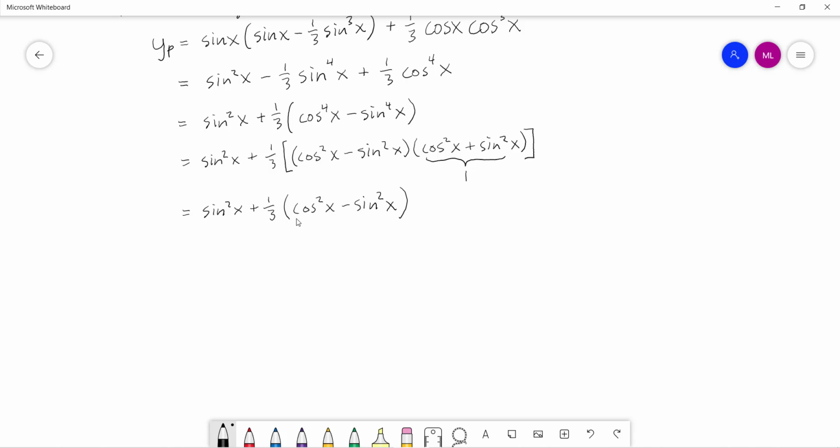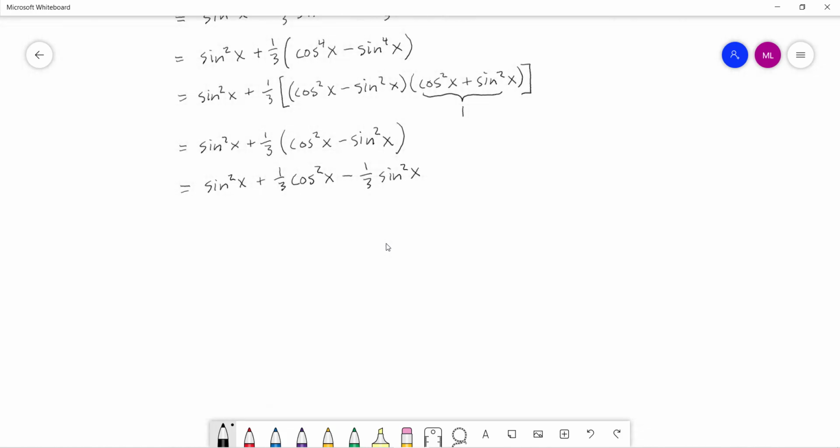We can do a little bit more grouping here if we're clever about how we do this. We've really got a sine squared of x plus a 1/3 cosine squared of x minus 1/3 of the sine squared of x. I can borrow a little bit from this guy to this guy to make it positive.